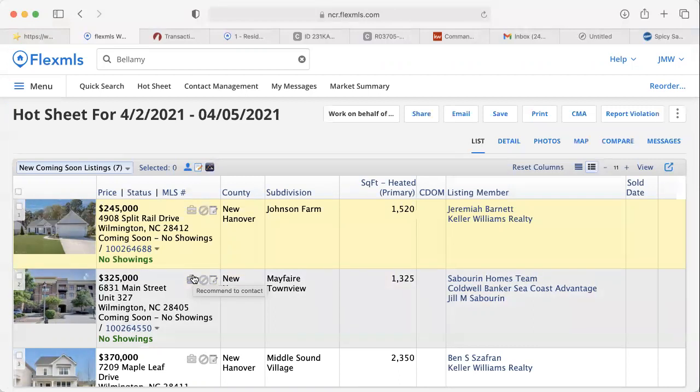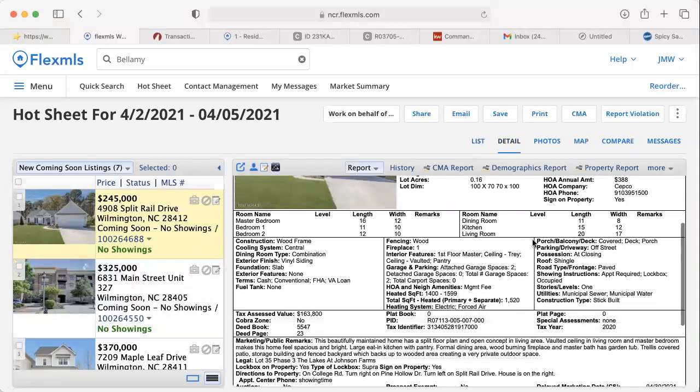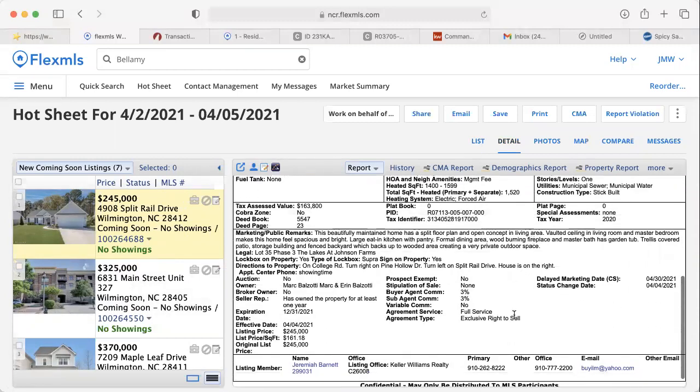As a member of the MLS, I can see any coming soon listing that is being offered. I just can't show it. You see here it says coming soon, no showings. If I click on this listing and I read it and I go down to the end, this tells me what the delayed marketing date coming soon is.